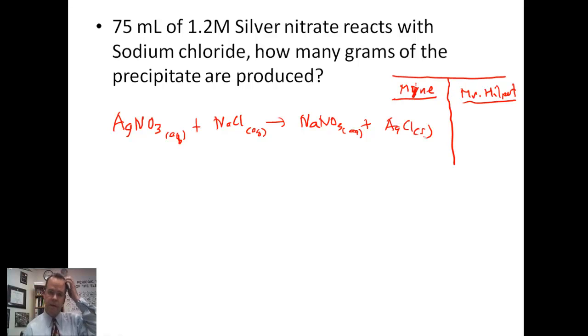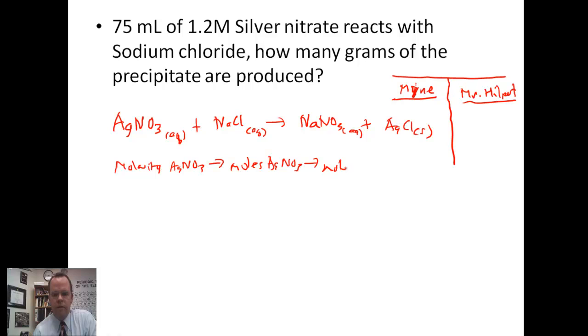Luckily in this case it's all balanced 1 to 1 to 1. Our pathway here is going to be to go from molarity of AgNO3 to moles of AgNO3 to moles of AgCl to grams of AgCl.